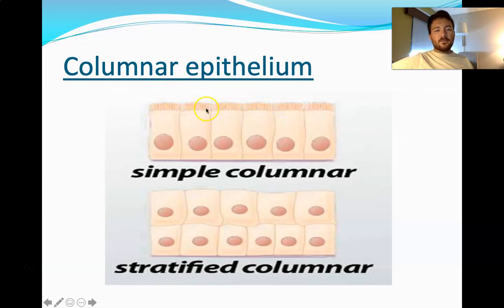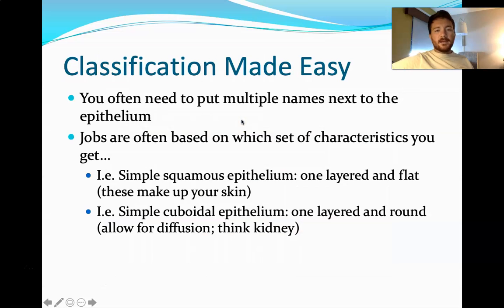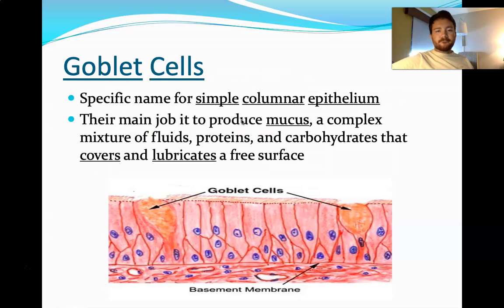We call them microvilli. And these goblet cells produce a mixture of fluids, proteins, carbohydrates. Their purpose is to cover and lubricate a free surface.